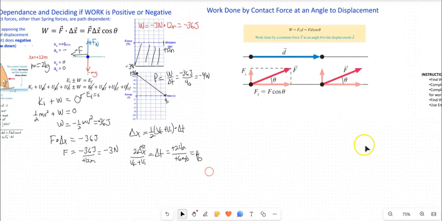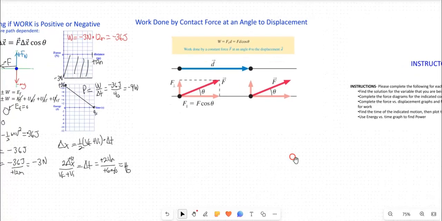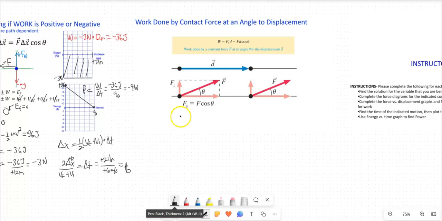Okay. The other thing we have to pay attention to is, just like the electric field stuff, only the part of the force that is parallel to the displacement contributes to work.